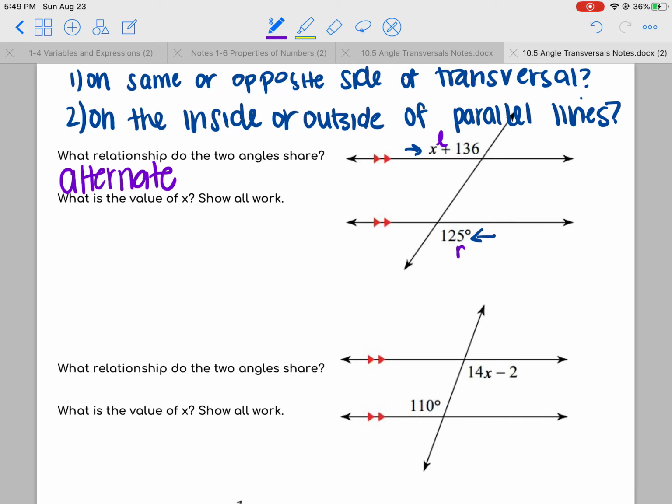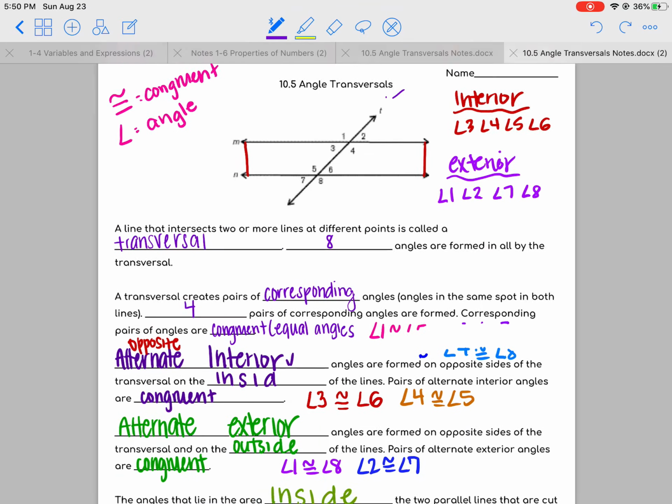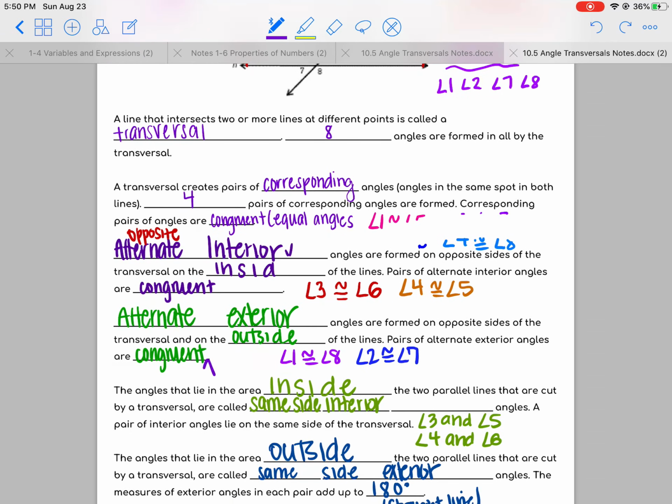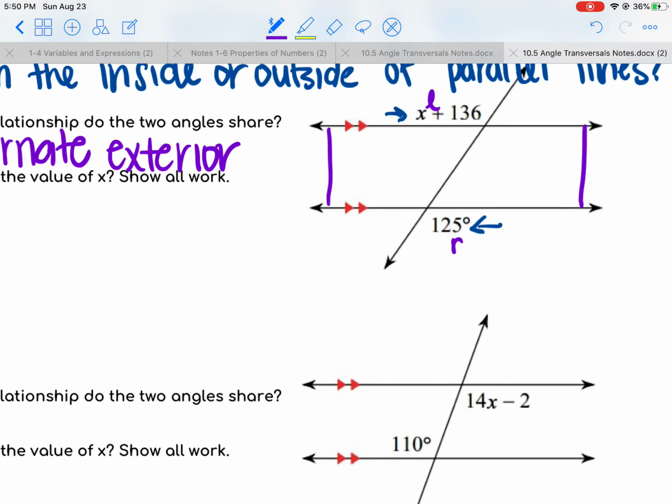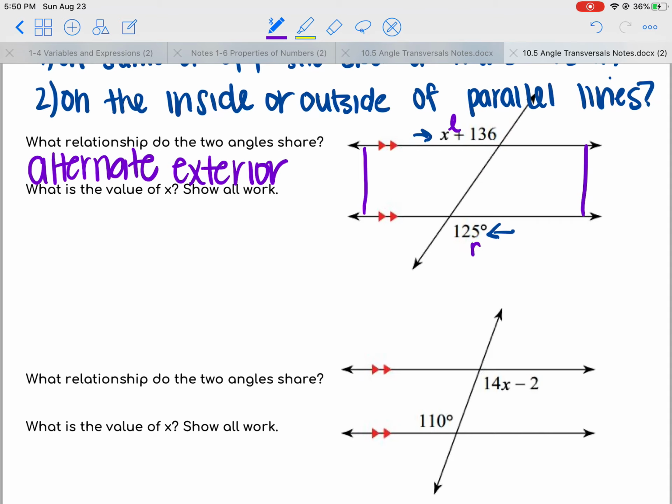Next, are they on the inside or outside of your parallel lines? Here are your parallel lines. Inside, remember, would be this area. They are not inside, so they are outside. Remember, the word for that is exterior. So now we know they are alternate exterior angles, and they are congruent, so they are going to be equal.